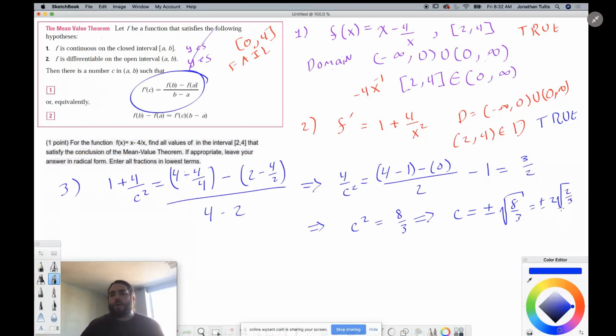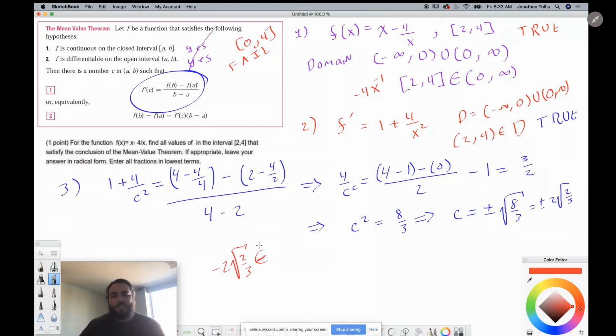So 2 multiplied by some fraction square rooted, which one of these, because we have 2 answers, plus or minus, which one of those actually is in the domain? So negative 2 root 2/3 is not, and this symbol, it's not epsilon, it looks just like this here.